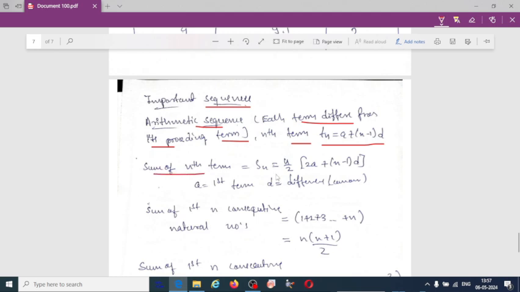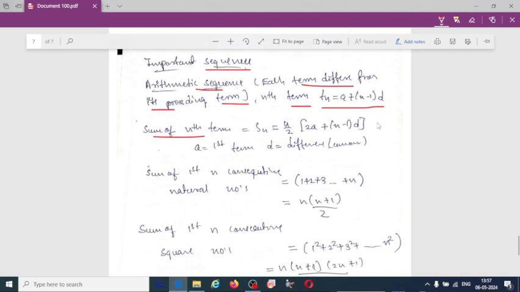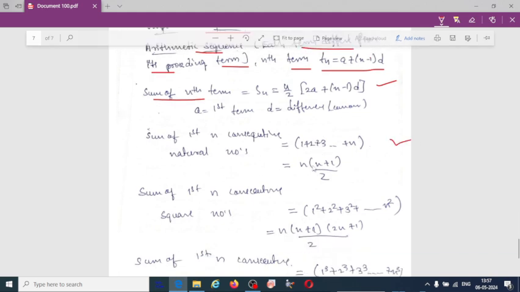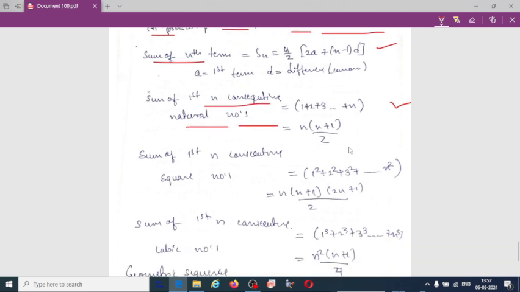If you want to calculate the sum of n terms, this is the standard formula: n by 2 into (2a plus (n minus 1) into d). These important formulas you should remember for a given problem. The sum of the first n consecutive natural numbers is n into (n plus 1) by 2.